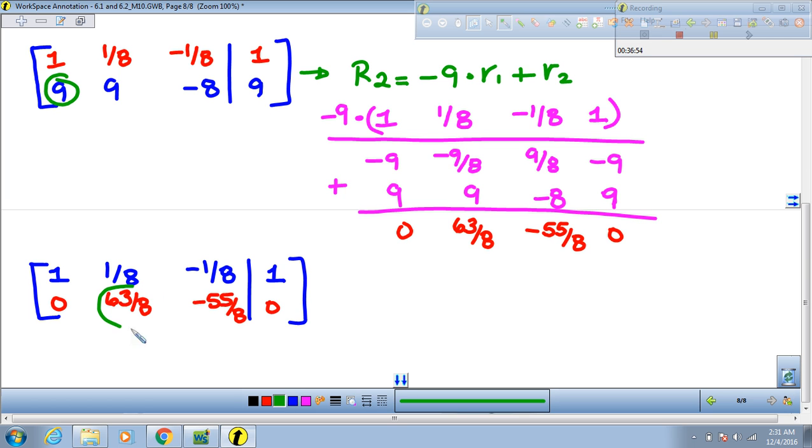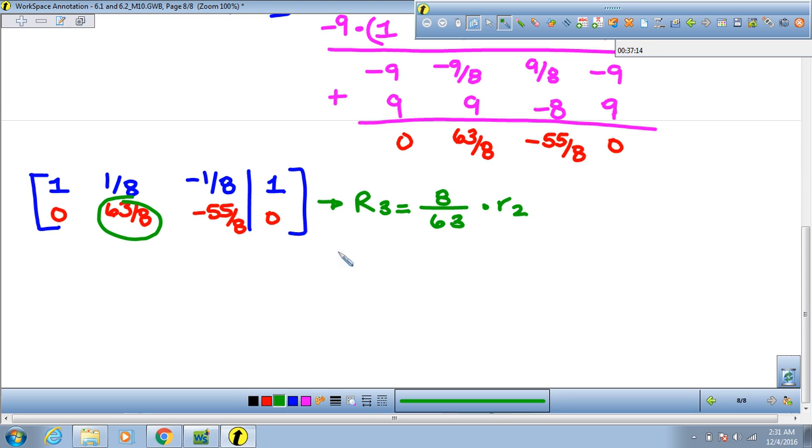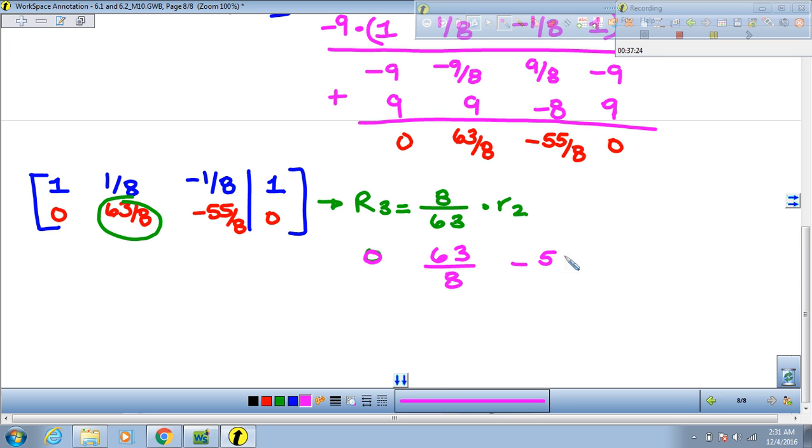And so now our goal is to make this one to be a 1. So row 2 again. To make it a 1, multiply that number by its reciprocal. The reciprocal of 63 over 8 would be 8 over 63 times row 2. So I'm going to copy all the numbers from row 2, and we're going to multiply them times 8 over 63.